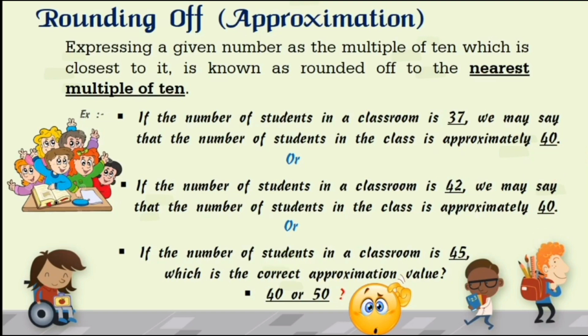In the same way, if the number of students is 42, we may say that it is approximately 40. But if the number of students in a classroom is 45, which is the correct approximation value? Is it 40 or is it 50?